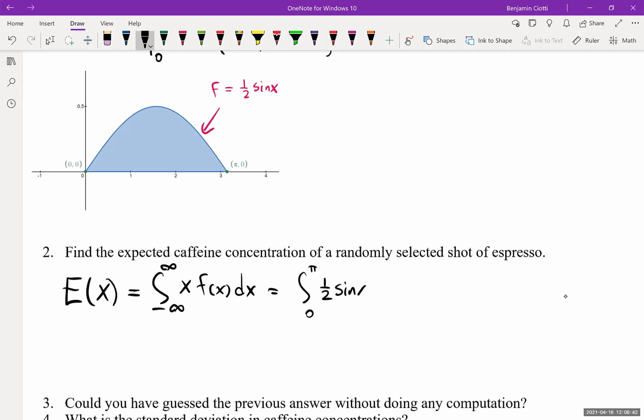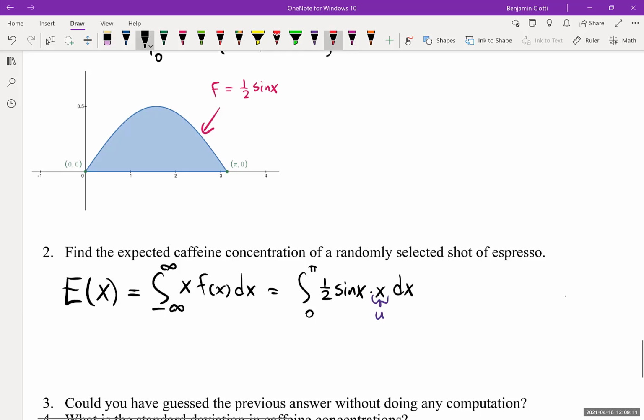So we'll get 1/2 sine x times x dx from 0 to pi. So this is another integration by parts calculation. And let's see, I can solve it by setting this x to be u and sine x dx to be dv.